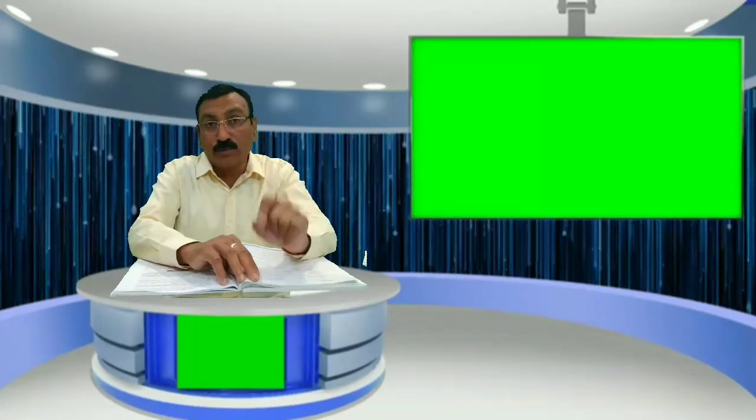That discussion will be in written form, in the form of dialogues. So this is a very important suggestion for you. You need to keep in mind the topic which will be given for group discussion. You will have to express your views in written form, in the form of dialogues in the answer sheet.